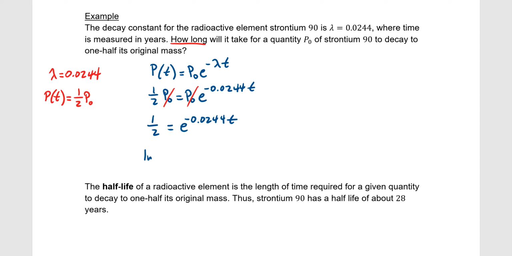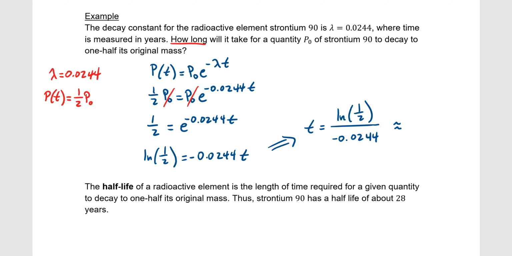Take the ln of both sides, the ln of 1/2 equals negative 0.0244 t, and divide both sides by negative 0.0244, and we end up getting about 28 years.